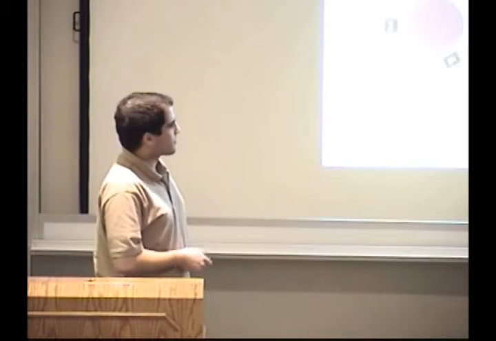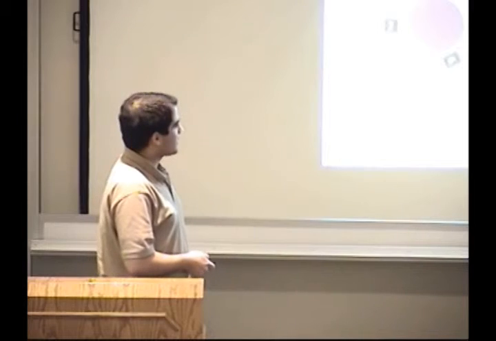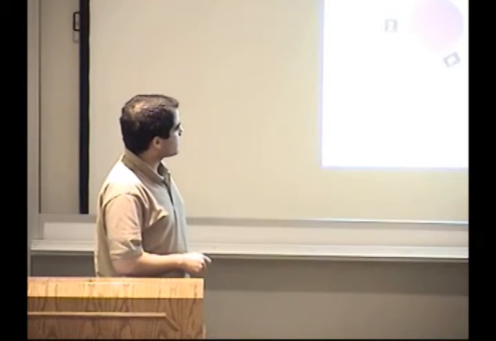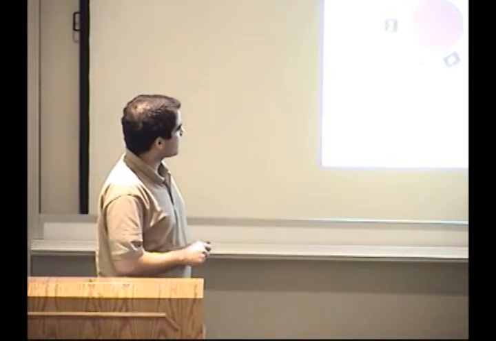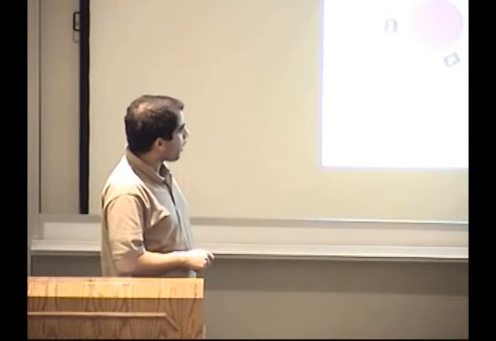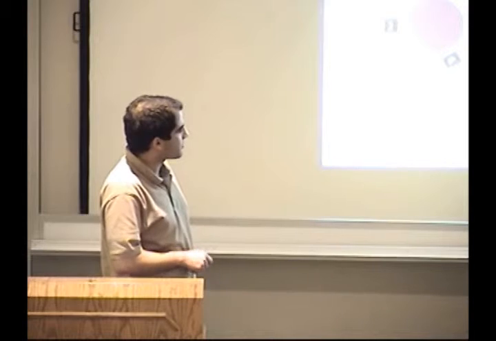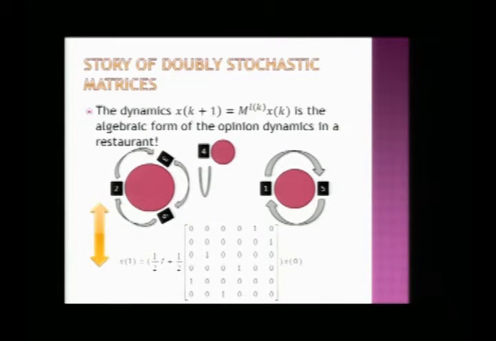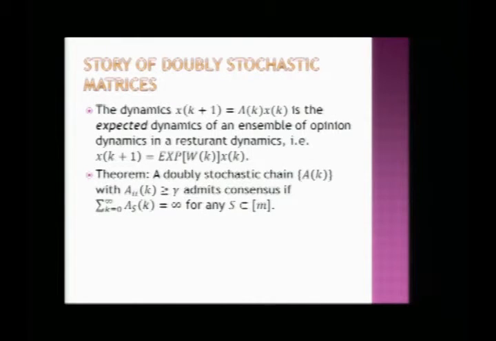For example, just to convince you that I'm right, you can write this dynamics at time 1 as this: 1/2 I plus 1/2 this permutation matrix. And you see that x_{k+1} in this case would be the average of the expected dynamics.